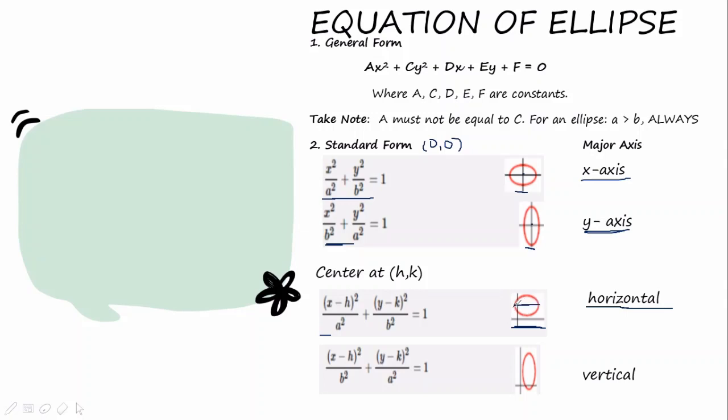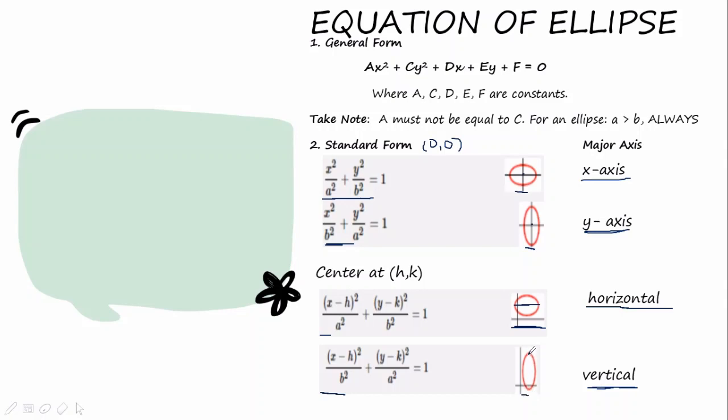Again, when we say major axis, that's the longest chord in the ellipse which passes through the foci and the center of the ellipse. Now, let's have the second equation. We use the quantity of x minus h squared all over b squared plus the quantity of y minus k squared all over a squared equals 1 if, again, the center is (h, k) and the major axis is vertical, like in figure number 4.